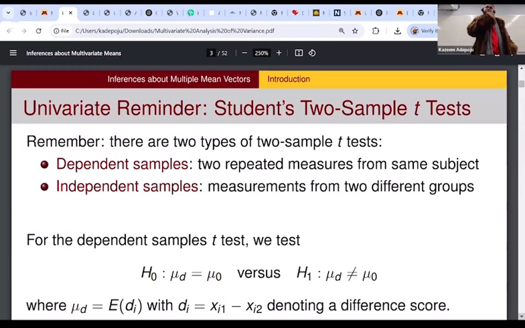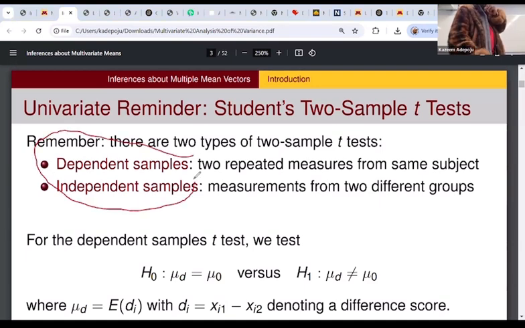Univariate means only focusing on one variable.